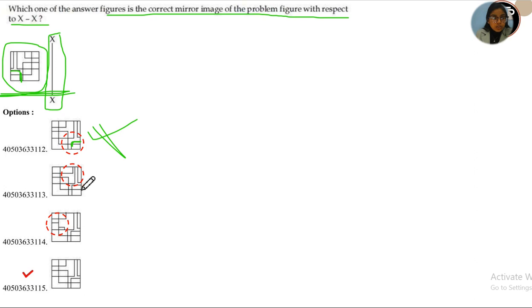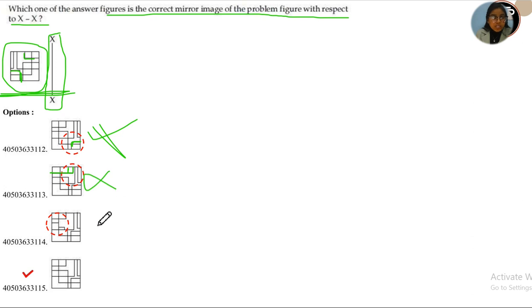Now let's go to option B. In option B, this part is over here but at some distance, whereas here you see less distance. Actually it should be from here, then it would be correct, but it is very far from here. That's why option B is wrong.